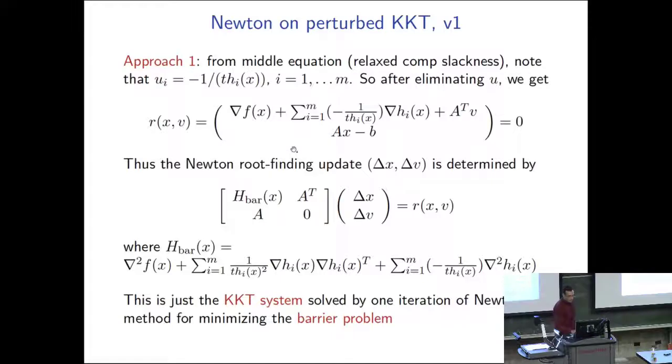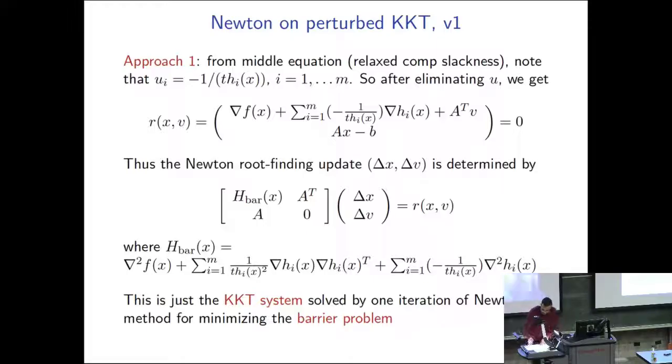So, okay, let's take the Jacobian of this function. So this is a particular function we're going to call r of x and v. Let's take the Jacobian, and we're going to write it in block form. Okay, this is going to be the Jacobian times the update direction equals the function.